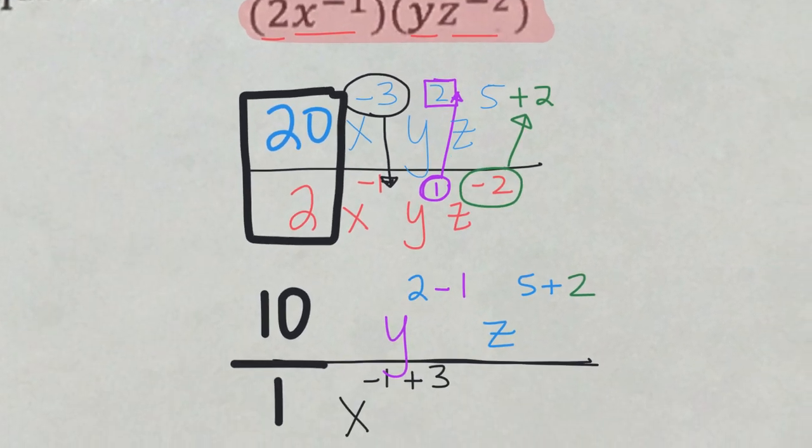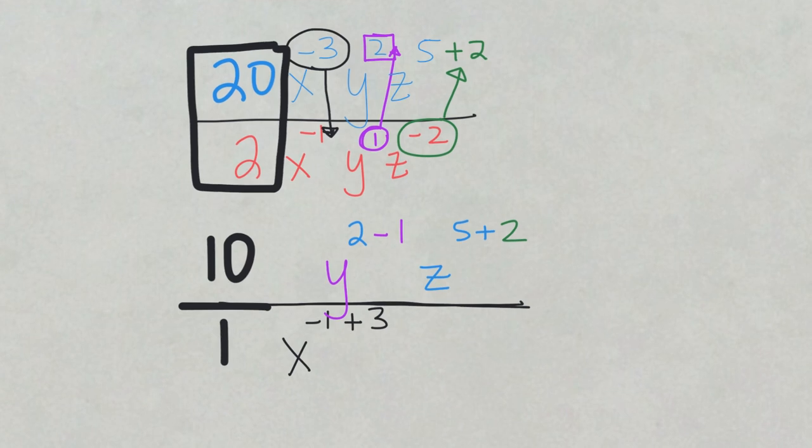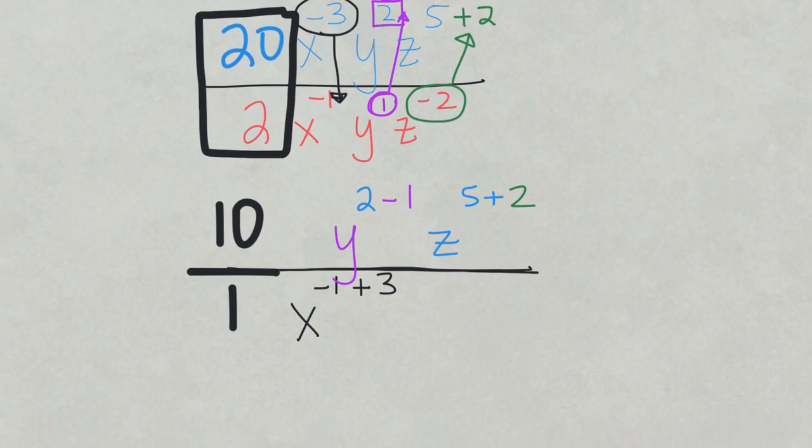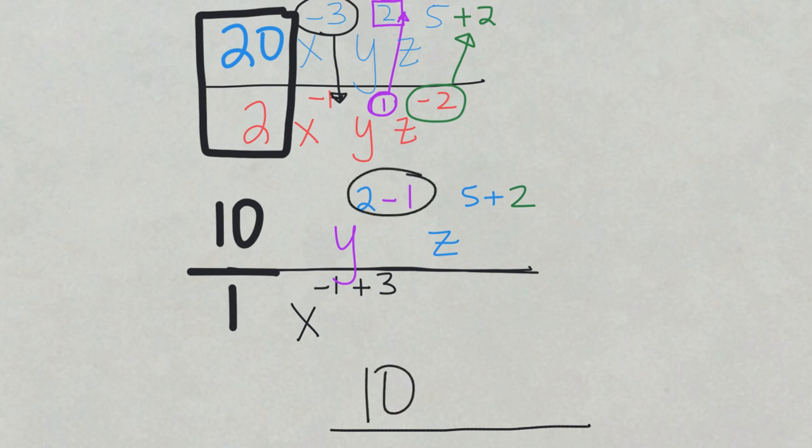Okay, so let's simplify. We have a denominator and a numerator, so let's draw in your line. Everything on top: we have a 10 on top. What is 2 minus 1? That's just 1, so we have y. It doesn't need to have a power on it because it's just y to the 1st, and z to the 7th power. 5 plus 2 is 7.